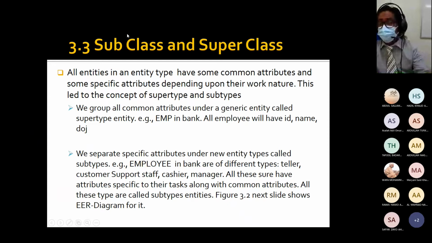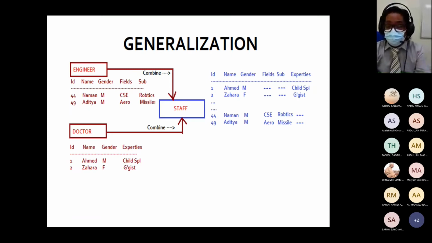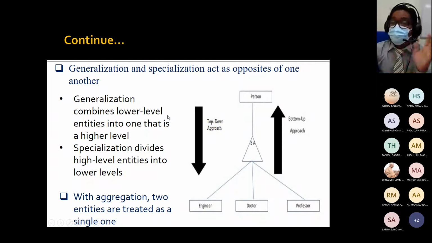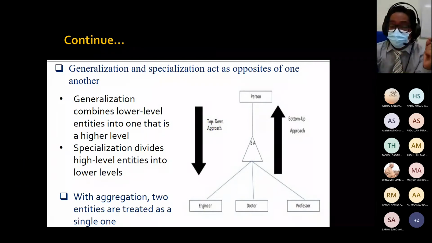A supertype is your superclass, because later we'll convert that one, and the subtypes would be like your subclass. And you might also be wondering later that we might use the words lower level and higher level. Actually, to tell you frankly, they're all the same.